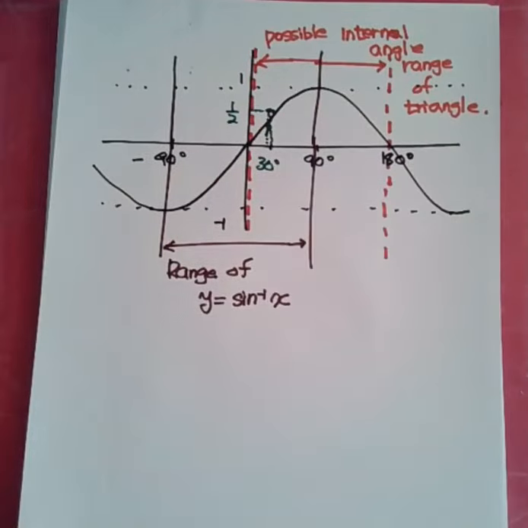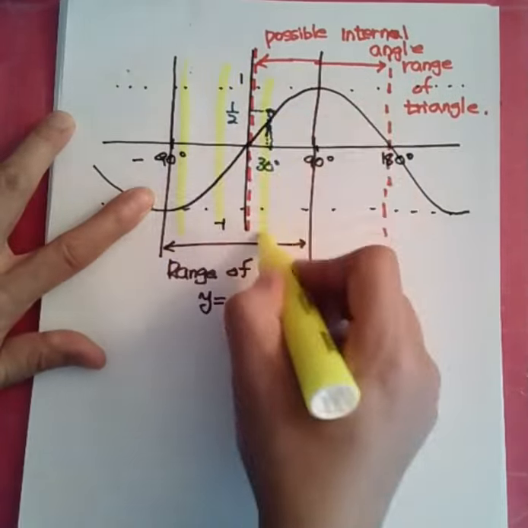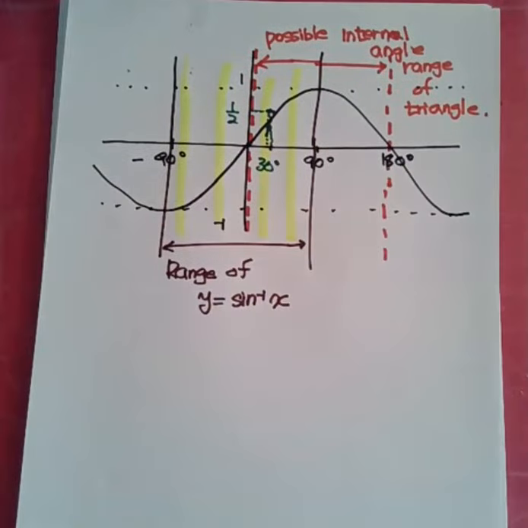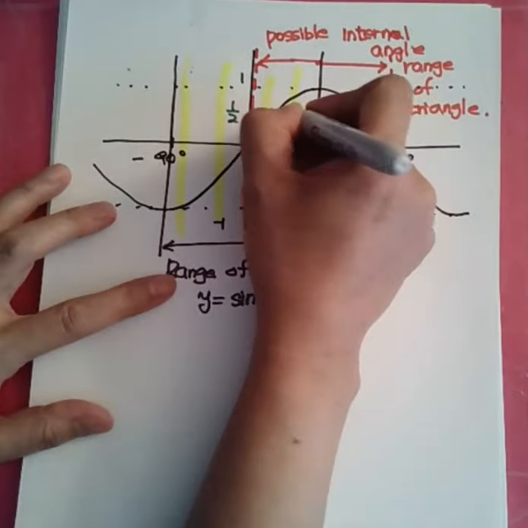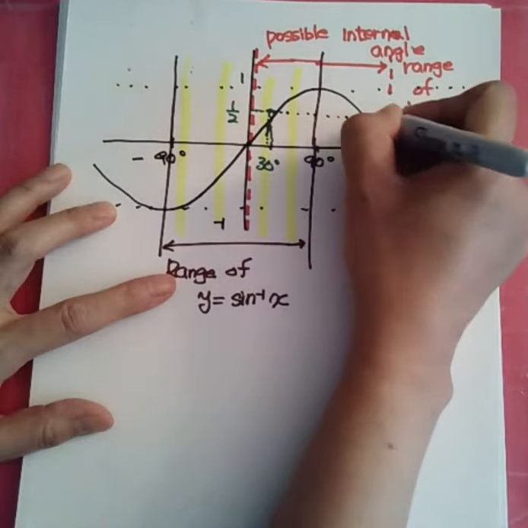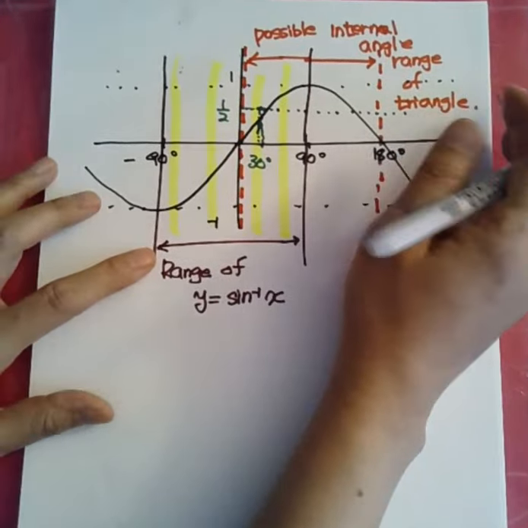We just think about the angle which satisfies the equation sine of B equals 1/2. And then what we have to think about is the angle ranges between 0 and 180 degrees, whose sine values are the same.